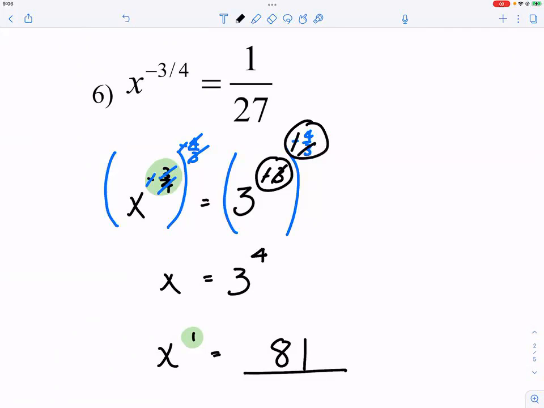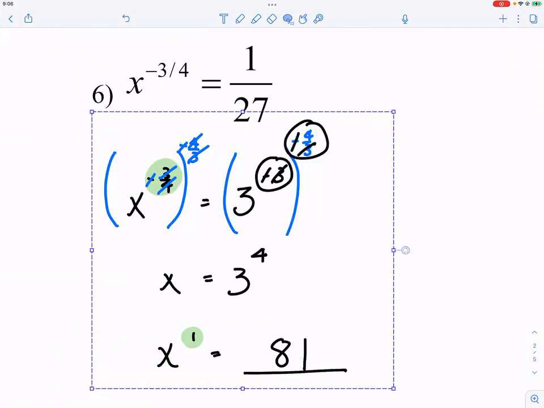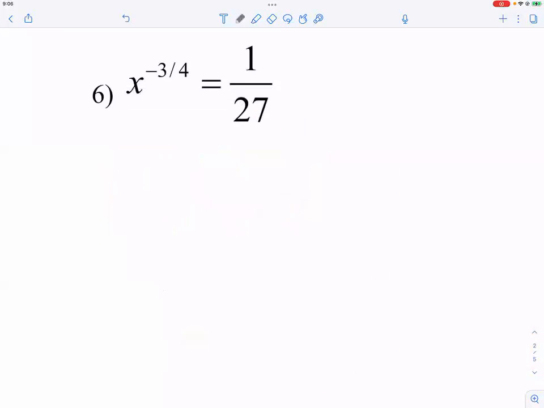So let me go over this again. First, you look at 27. It is 3 to the -3 power. And you have 3 to the -3/4 for the power on the left. Our job is to get x by itself. We want to find out what x is equal to.